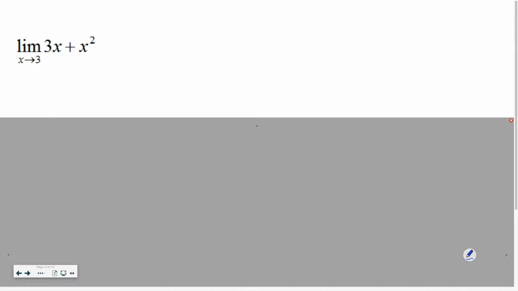Okay, so I want the limit as x approaches 3 of 3x plus x squared. Write it down. 3x plus x squared is polynomial. Turn to your neighbor and tell them what you think we need to do.